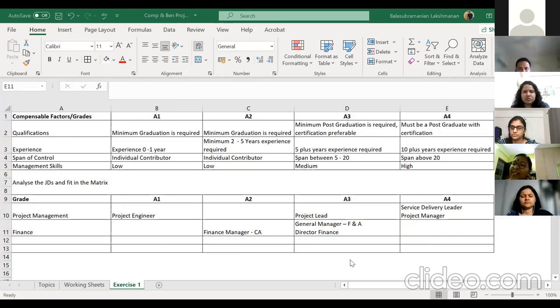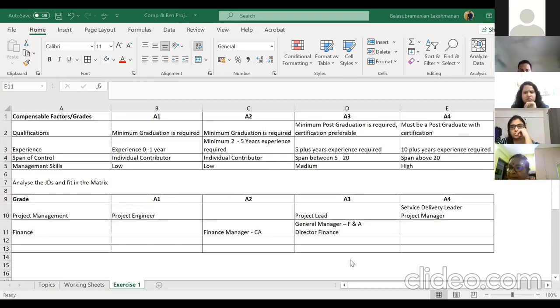For example, in the last organization I was working, we had product development and also ITS, the business process center. I can't club the grades because both are very different in terms of the nature of jobs, tenure and growth. Product development was specifically engineers, so we had a different grading structure, and for business process outsourcing we had a different grade structure.